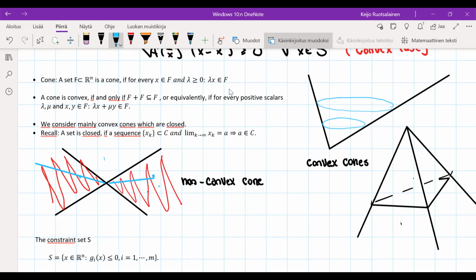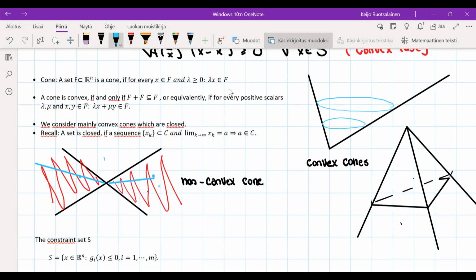And closedness means that if we have a convergent sequence in our space, so we have the sequence xk. Now k means xk is a point, so it lives in Rn. It's not a coordinate, and these points have a limit point a.